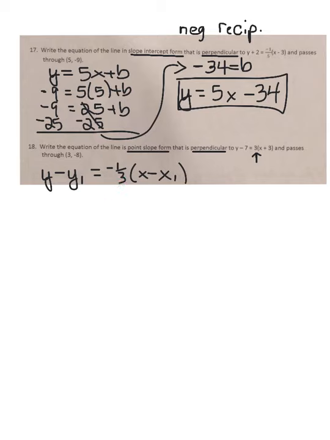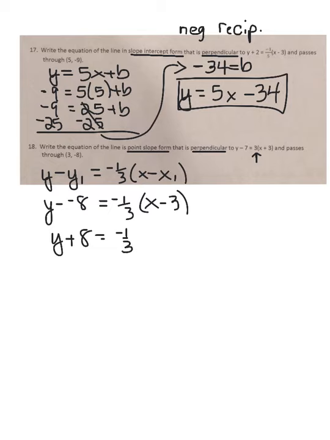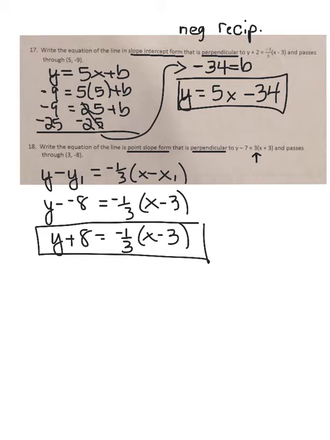And then we just have to plug in a point. Well, they gave you this point, so actually this one's super easy. So that's going to be y minus -8, I'll change that in a second, -1/3, and x minus 3. So that's going to be y plus 8 equals -1/3 times x minus 3. And there's your perpendicular line in point slope form.